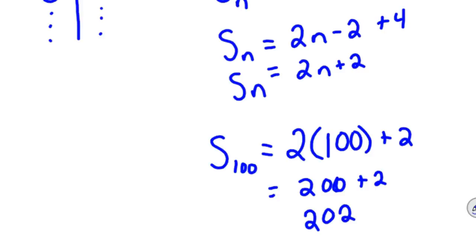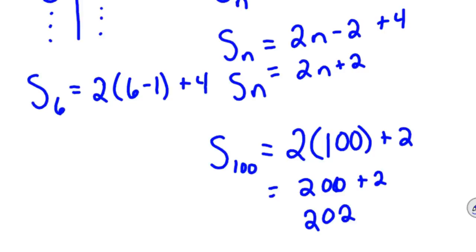And we could check the 6th term just to make sure it matches. So at 6 tables, you have 2 times 6 minus 1 plus 4. Oh, I went back to the original one. My brain shifted back. But anyway, so 2 times 5 plus 4, 10 plus 4, 14.